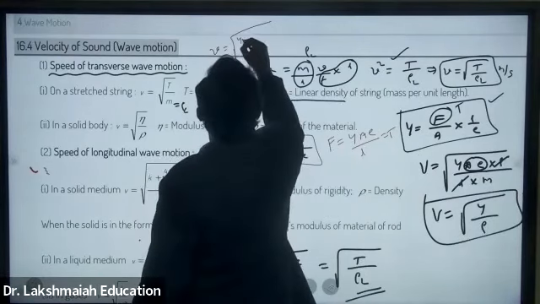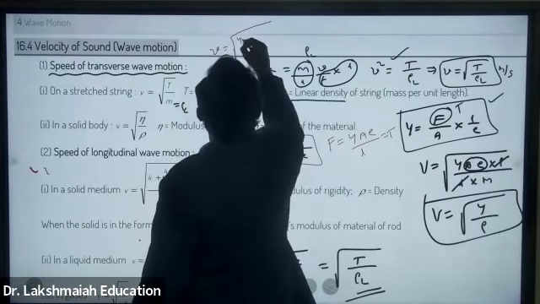Now you cancel this length and length, and this area into elongation will give you volume. So velocity V is equal to root over mass per volume, which is nothing but the density rho. Therefore, Y divided by rho. What is rho? This is the density. Rho is equal to mass per volume.